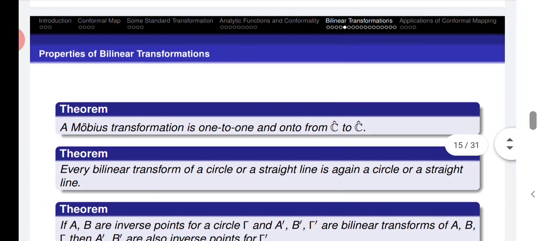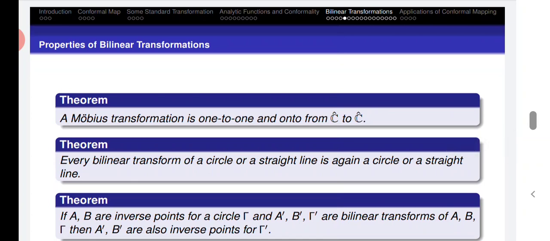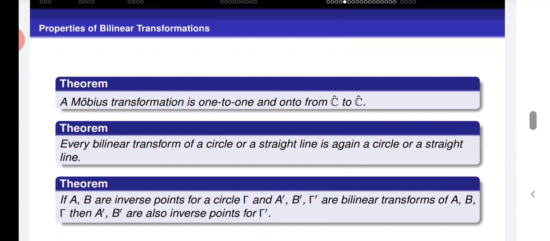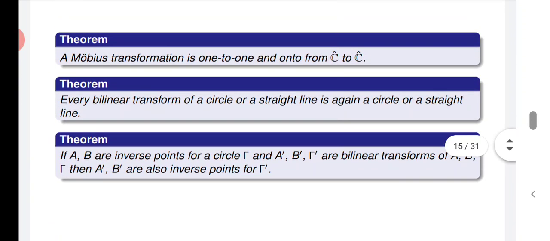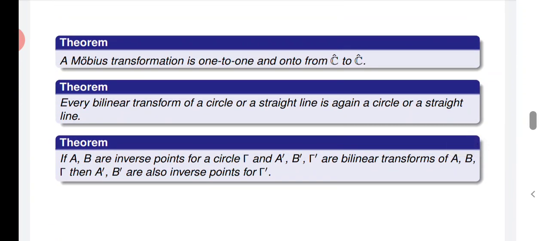Now we have some results for bilinear transformation known as properties. A Mobius transformation is one to one and onto from C cap to C cap. And another result, every bilinear transformation of a circle or a straight line is again a circle or a straight line.